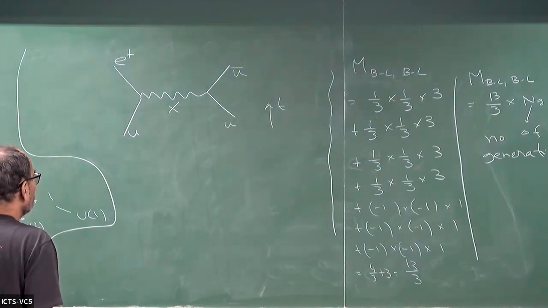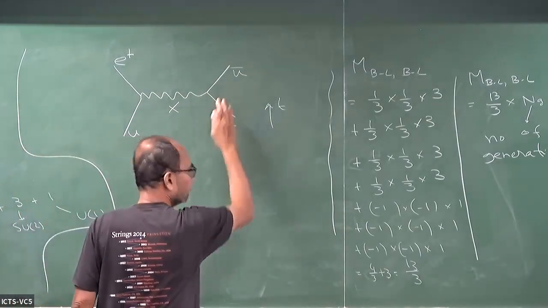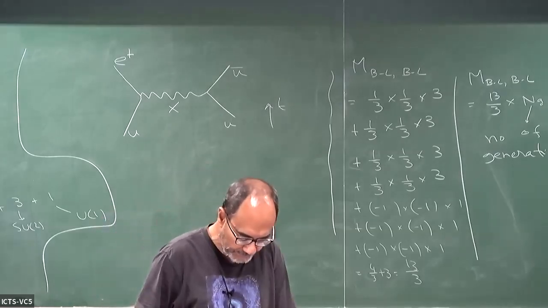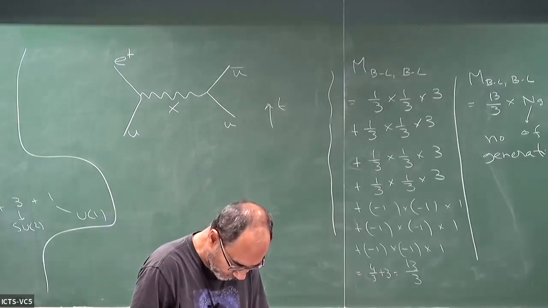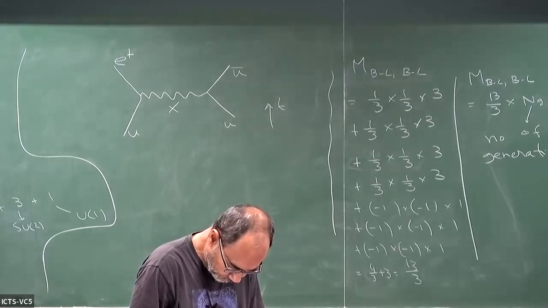Does that sound right? This doesn't sound right. Let me just... The charge has to be conserved, right? That's the way you have to figure out what this could be.